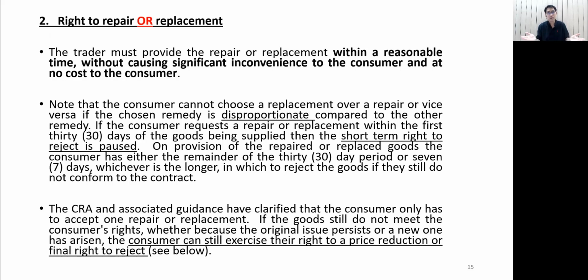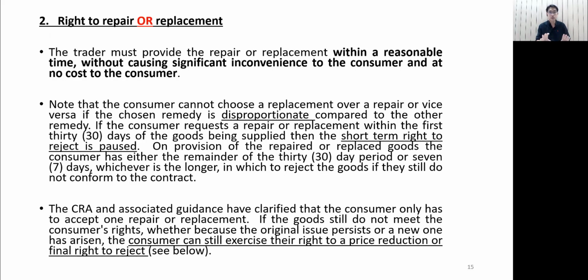Why? Because who doesn't want something new? But other times, the buyer may want something to be repaired. For example, this could be a very minor repair. It's a scratch on a car door. You can easily spray over it. It's good as new. Why would you want to replace a whole car for 1 scratch? So it does depend on the circumstance.